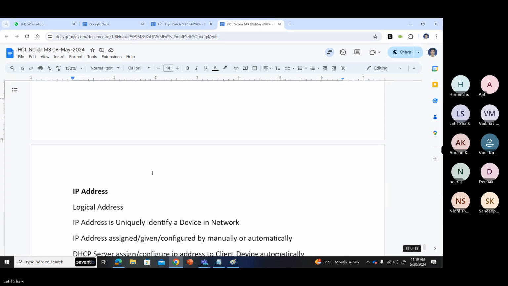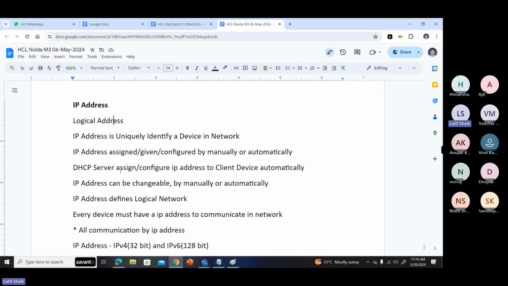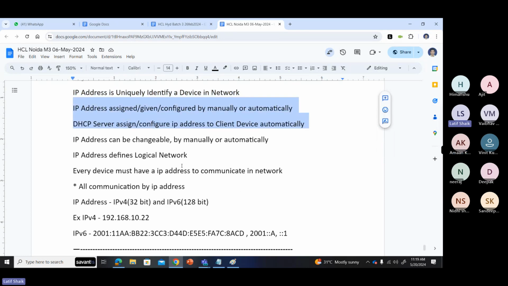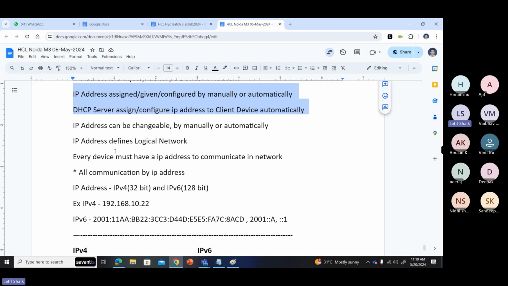Okay. Again, I have written the same thing. IP address is a logical address, uniquely identifies a device, and can be assigned manually or automatically. Automatically means the DHCP server will assign an IP address to our client devices automatically. How it is assigned manually or automatically, I will show you.